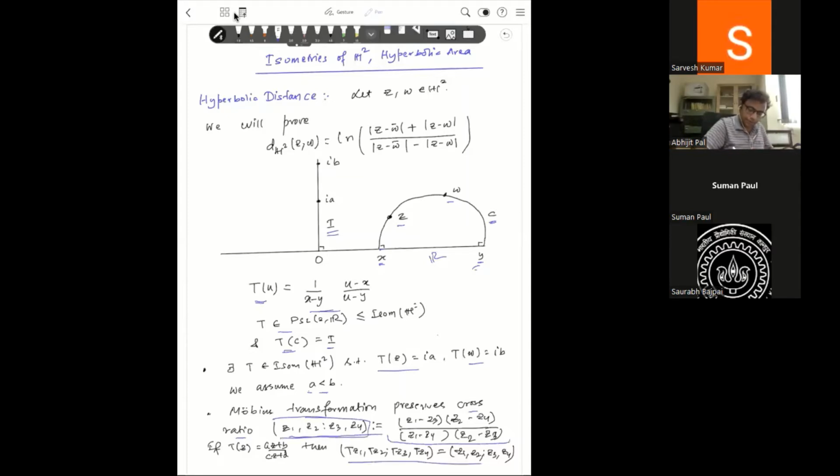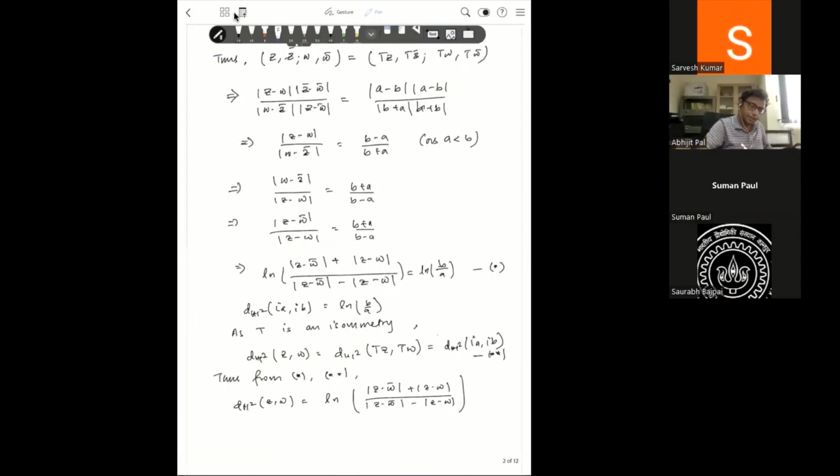Take the four points Z, Z bar, W, W bar and their cross ratio. Since T is a Mobius transformation, it preserves this cross ratio, and from the definition we have this expression. Note that T(Z) equals iA and T(W) equals iB.